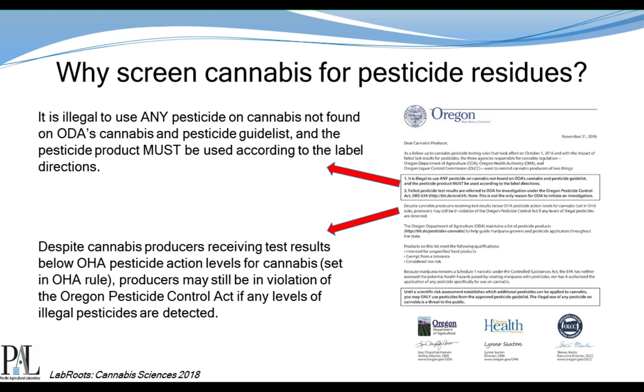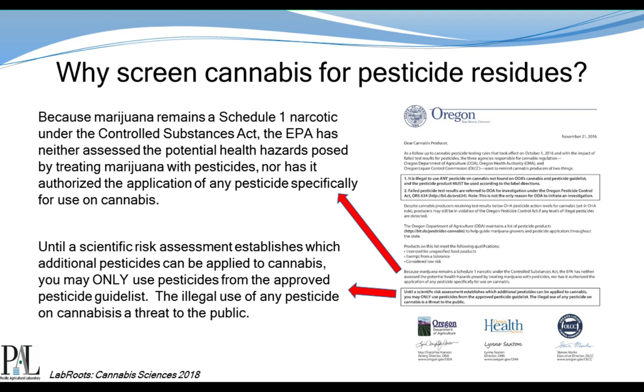And this is a key point right here. Despite cannabis producers receiving test results below state-generated action levels, the producer can still be in violation of Pesticide Control Act regulations if illegal pesticides are detected at any level. And we will come back to this one more time.